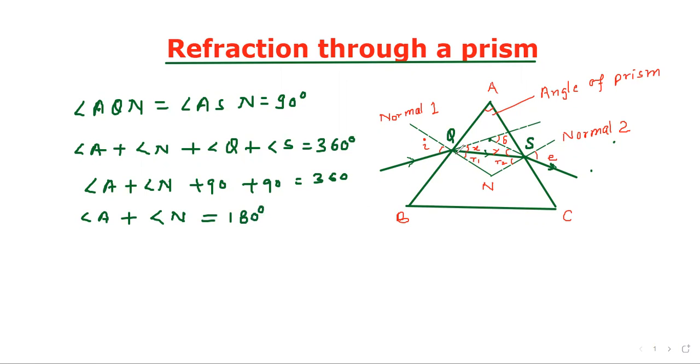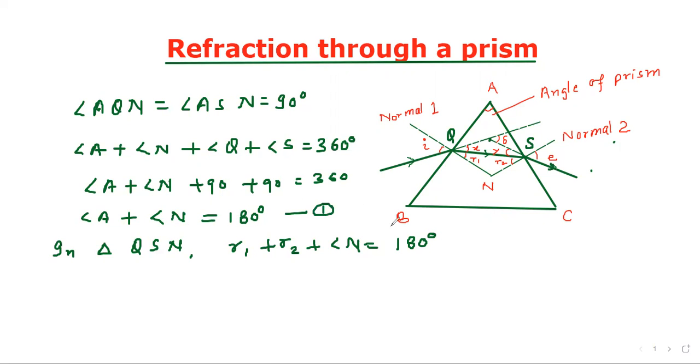Now we consider triangle QSN. In triangle QSN, R1 plus R2 plus angle N equals 180 degrees, and here we have got angle A plus angle N equals 180 degrees.